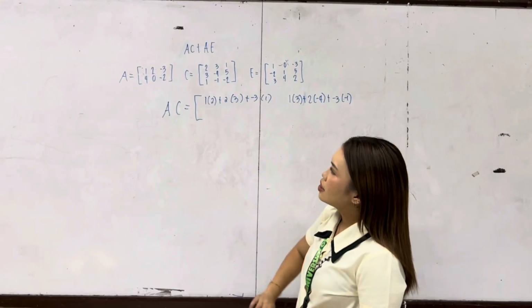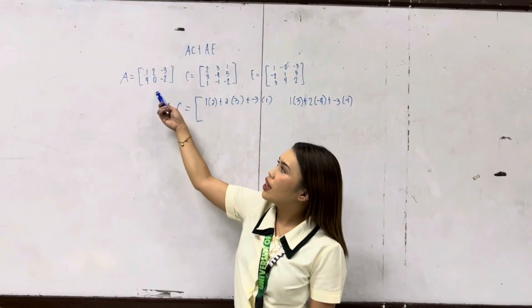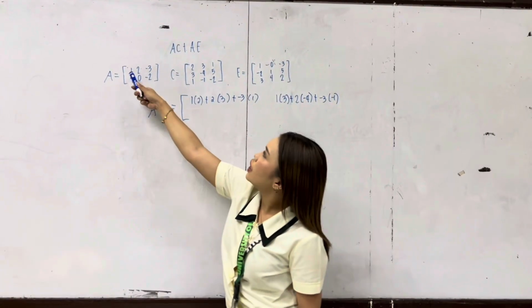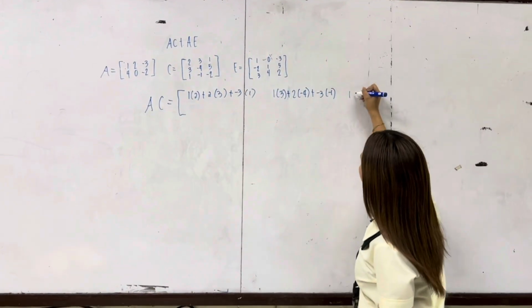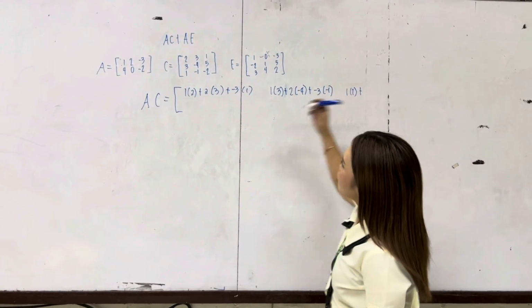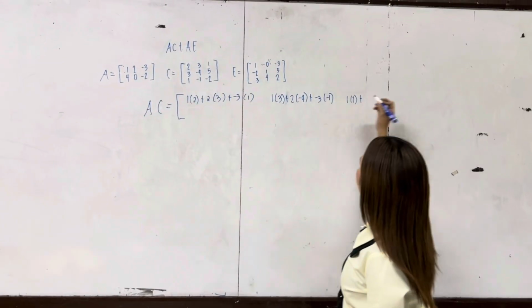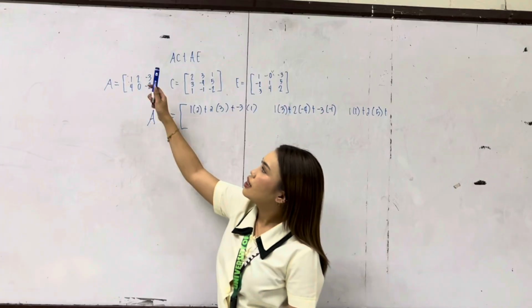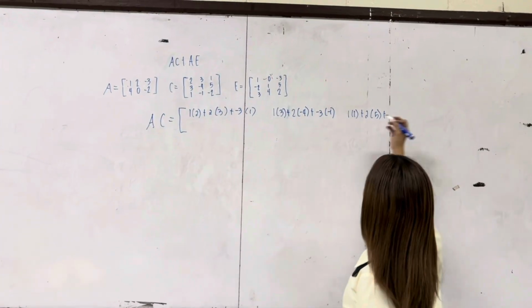Next is the first row of A to the third column of C. So we have 1 times 1 plus 2 times 5 plus negative 3 times negative 2.